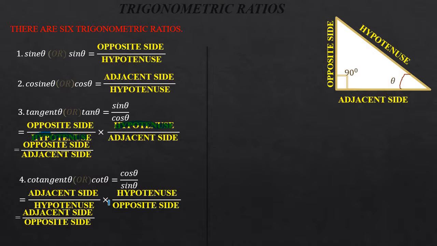So in multiplication we write the reciprocal of sin theta. The reciprocal of sin theta is hypotenuse by opposite side. Already we know the numerator and denominator are the same, so hypotenuse and hypotenuse cancel each other. Now we get adjacent side by opposite side. This ratio is called cot theta. Otherwise, the ratio of cos theta by sin theta.